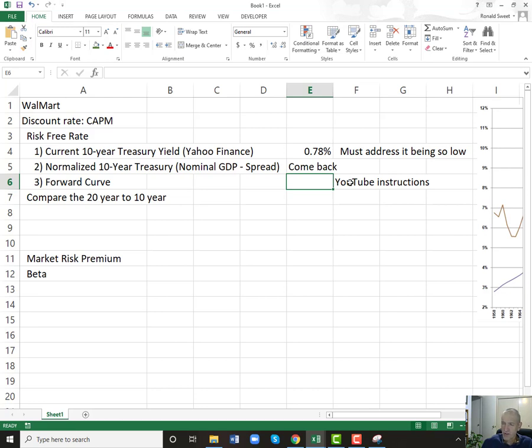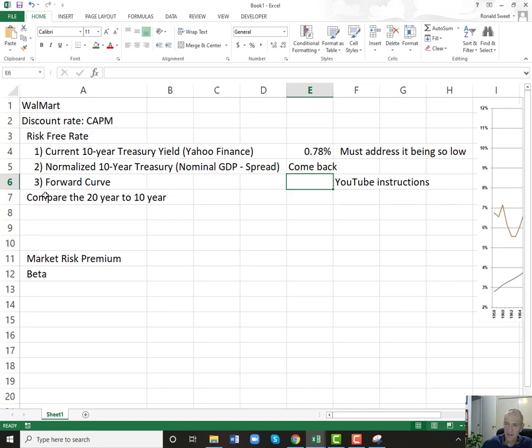Now, Damodaran argues to use the current 10-year Treasury because you can't buy the normalized Treasury. It doesn't exist anywhere. But you actually can execute the forward curve. You could buy the 20-year Treasury and short the 10-year Treasury, and you would essentially have the 10-year Treasury 10 years from now. You'll end up with the exact same return.